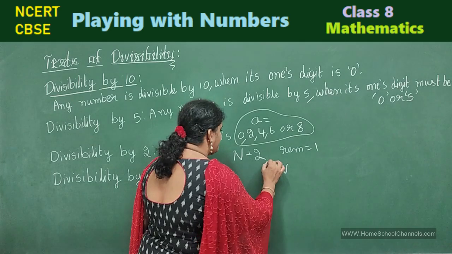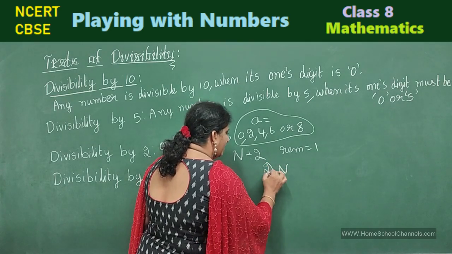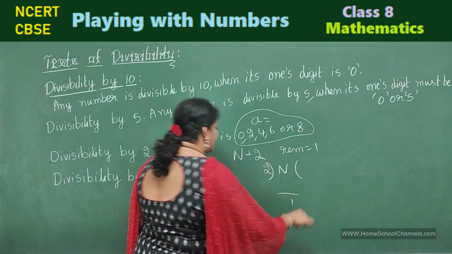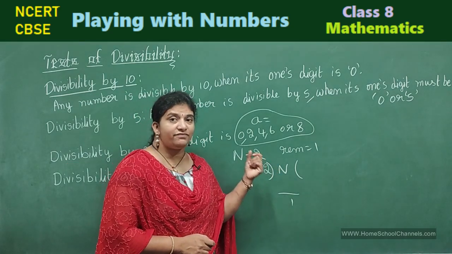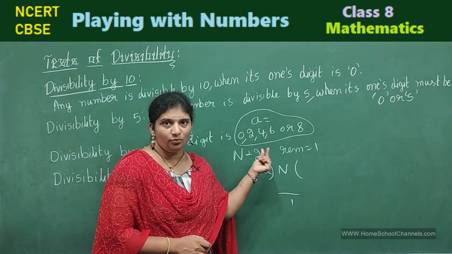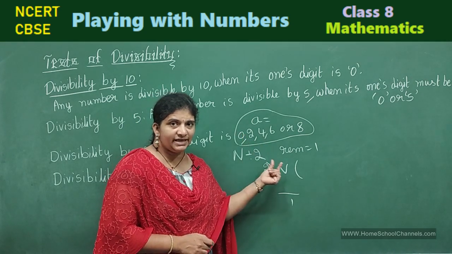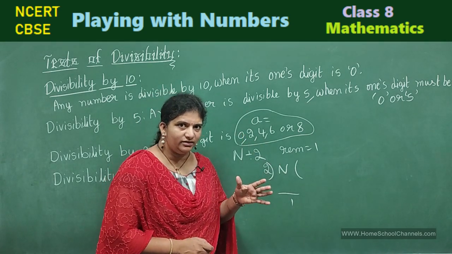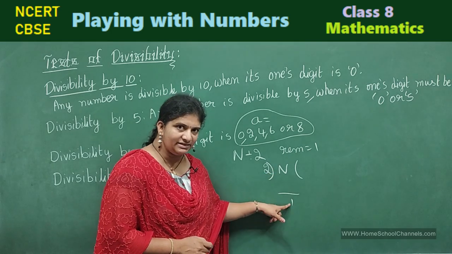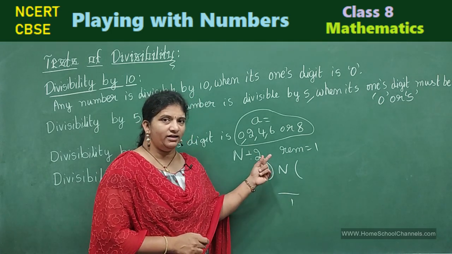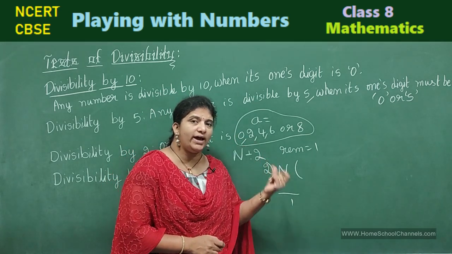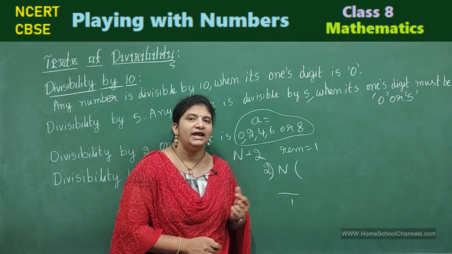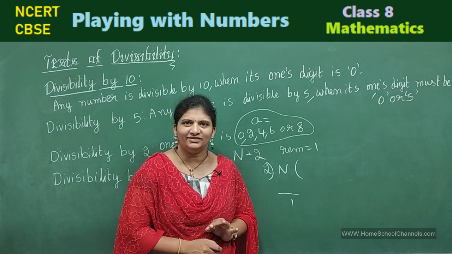This is n. When it is divided by 2, it leaves a remainder 1. Suppose the digit is 0, there won't be any remainder. There is a remainder, so if we add this 1, then the number ends with 1. Ending with 1, which type of number? It is an odd number.